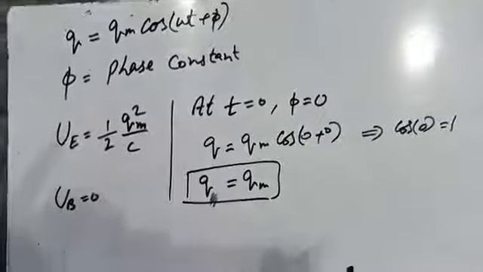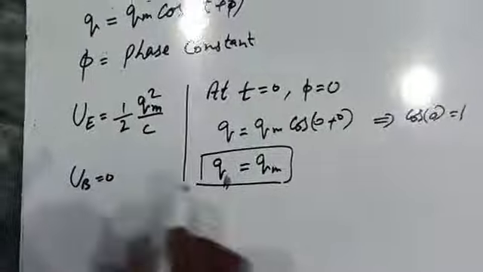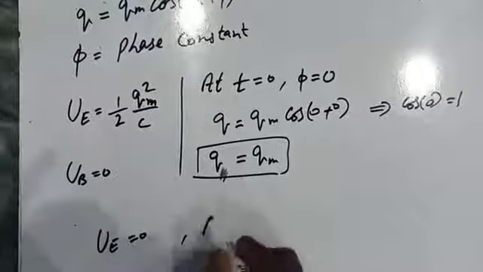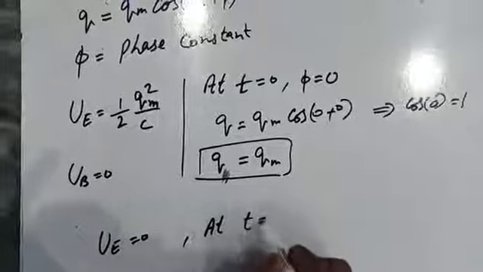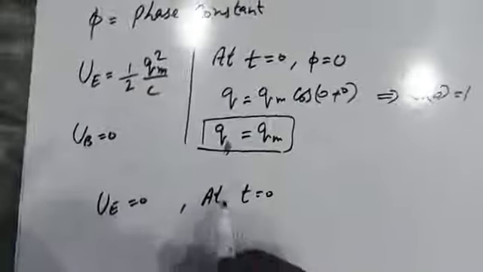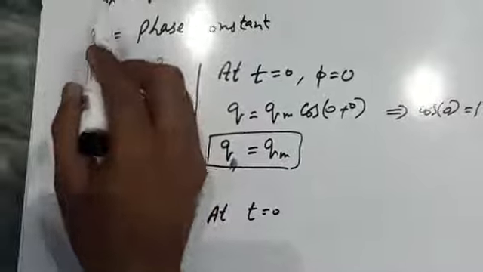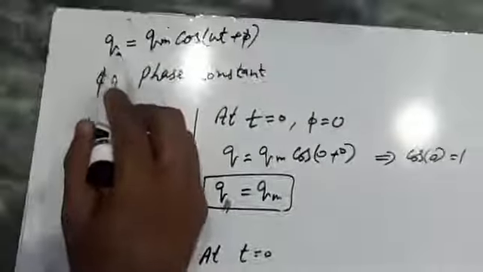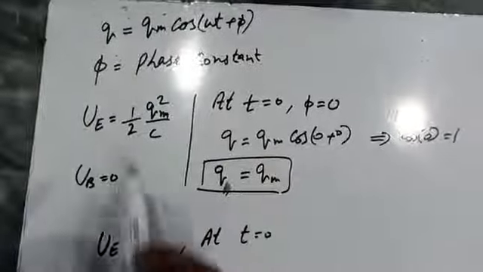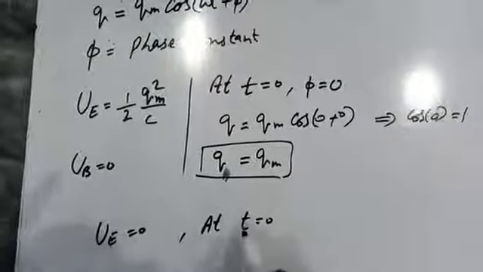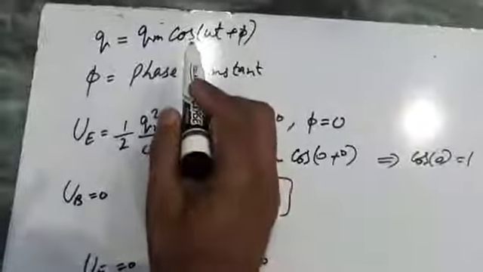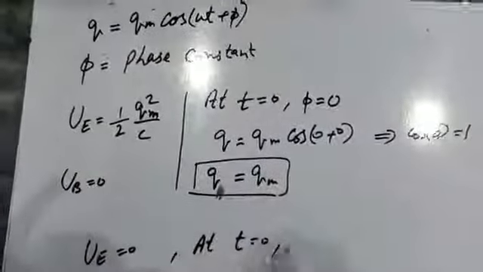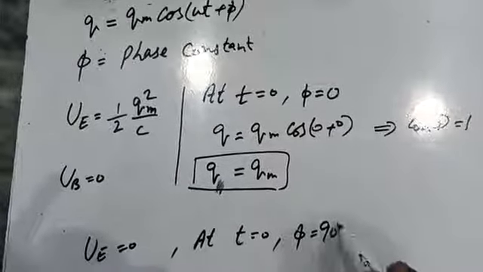Similarly, if we consider that initially electric energy is 0 at time t equal to 0, then according to this equation, when t is equal to 0, charge q must be equal to 0 so that electric energy is 0. So from this equation, for charge q to be 0, the value of phi must be equal to 90.